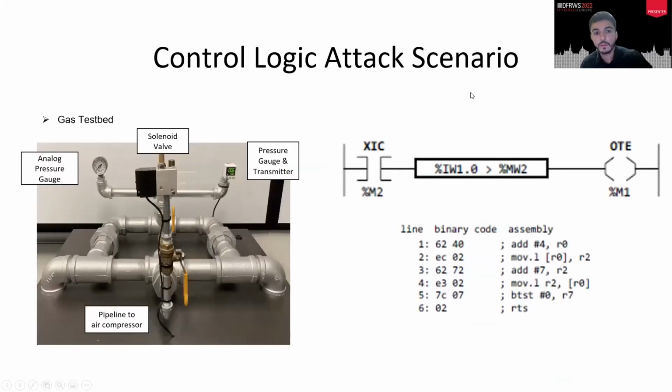We did a test scenario in the lab where we have a gas line. It had pressure sensors and everything in this case scenario. What it does is, if it's over 400 kilopascals, it turns on the valve.